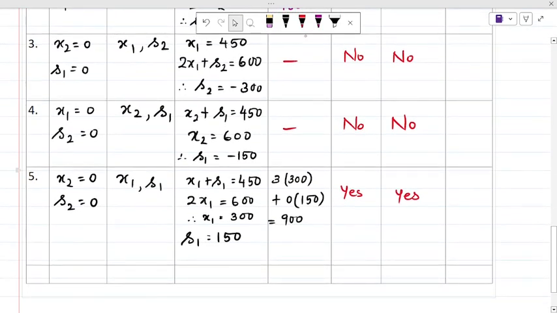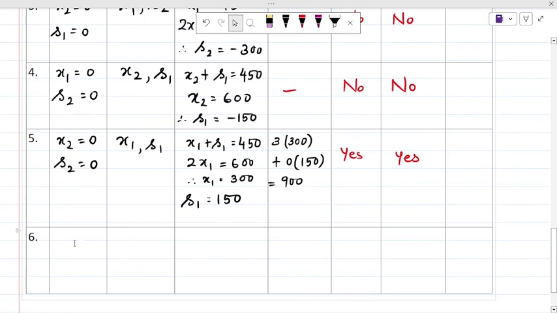Now the last one that we will have here, when x1 and x2 both are there. So the last case is x1 is equal to 0 and x2 is equal to 0.